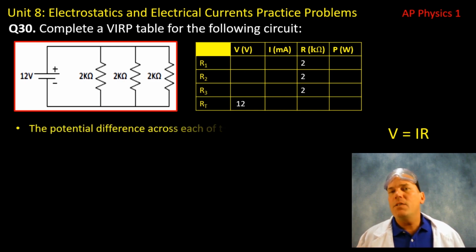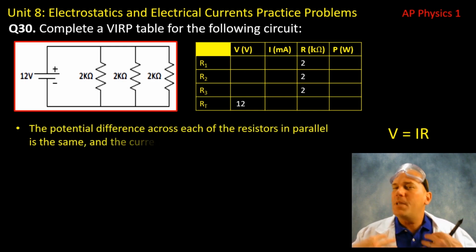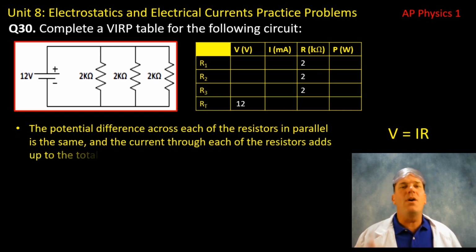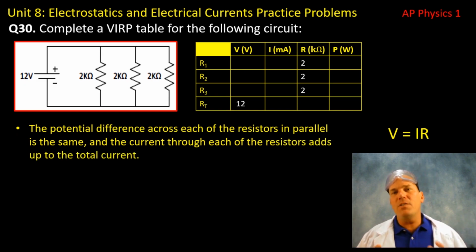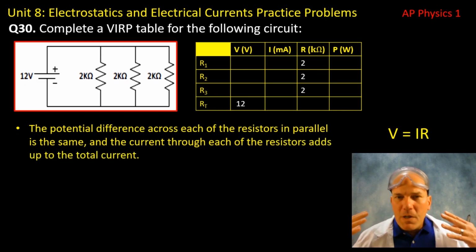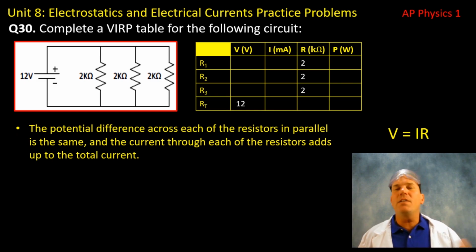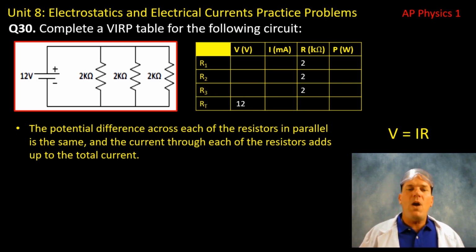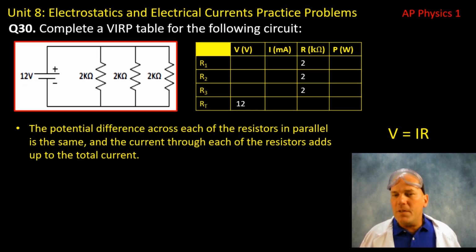Okay, and so now we're going to be applying several facts regarding parallel circuits. When we're looking at parallel circuits, the voltage drop or potential difference across all the resistors that are in parallel is equal to the total. And in this case here, guess what, guys?